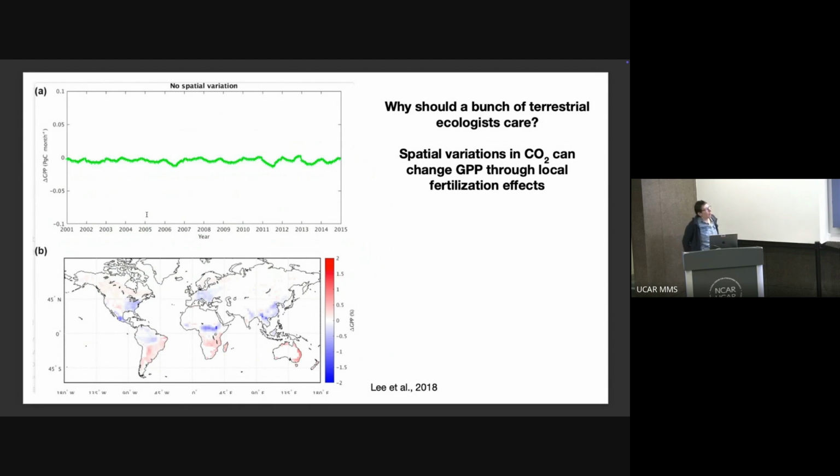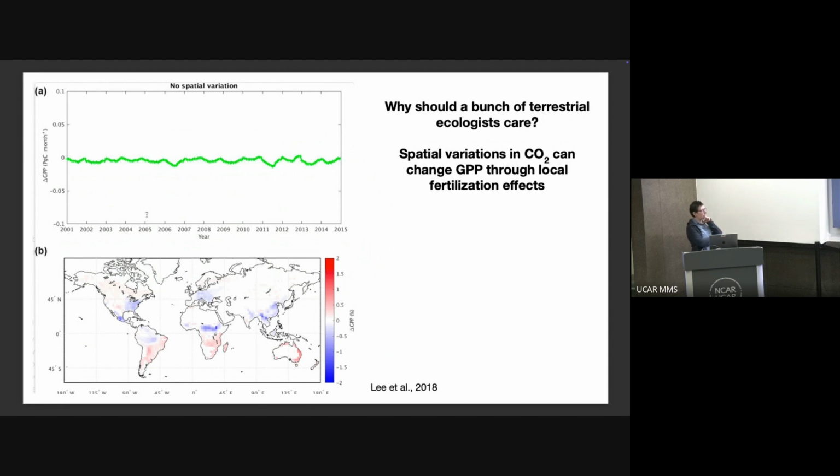This is a paper by Lee et al. in 2018, where they looked at how GPP would change if there were no spatial variation in CO2. You can see that integrated GPP in the top time series might be pretty small, but on the bottom map, you can see that there are coherent regional changes in GPP.